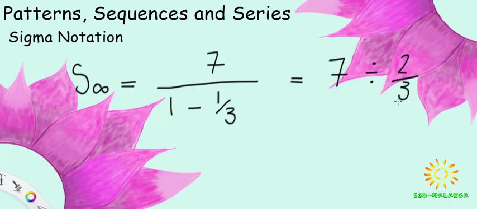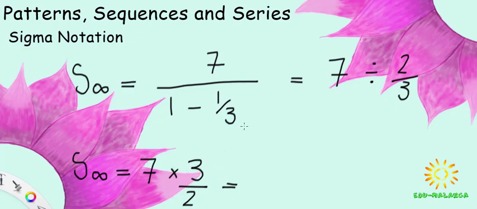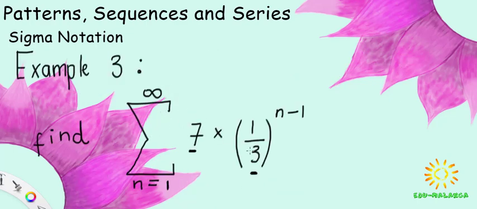Remember, when you're dividing, what you do is you simply swap the numerator and the denominator and then change the sign to a multiplication. We then have sum to infinity is equal to 7 times 3 over 2, and that's equal to 7 times 3 is 21. So you get 21 over 2, and that is the sum to infinity of this series over here.